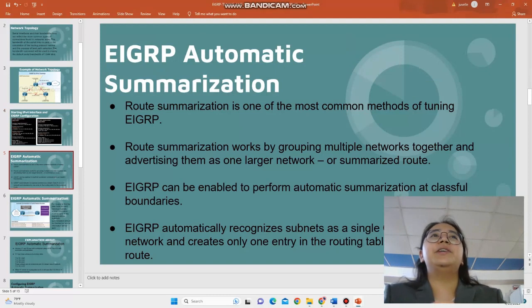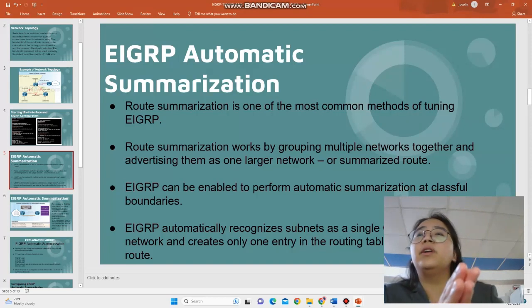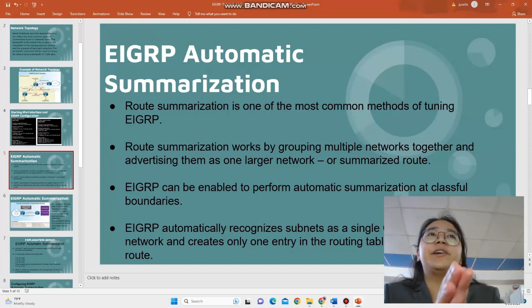So, EIGRP automatic summarization. So, route summarization is one of the most common methods of tuning EIGRP. Route summarization works by grouping multiple networks together and advertising them as one larger network or summarized route.